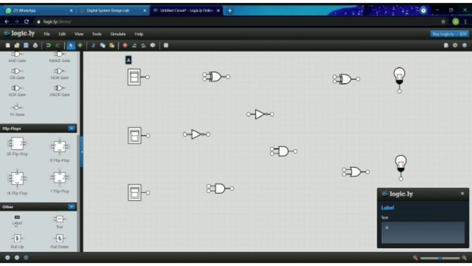So now we will label them. We are taking the first switch as A and the second switch as B and the third switch as borrow.